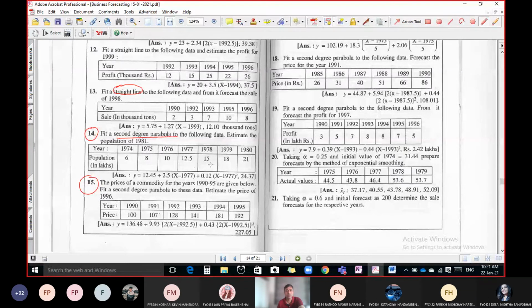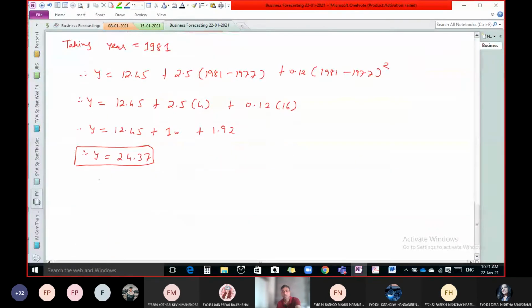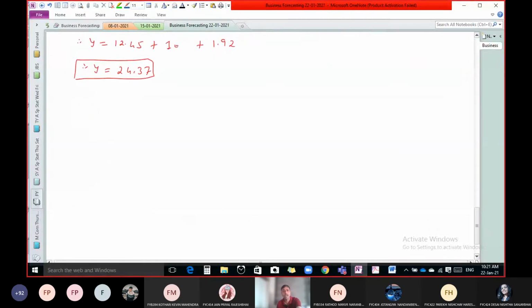This is the question in which number of years are odd, 7 years. So it's very easy to subtract this middle year and to convert the values of x in such a way that total of that becomes 0. Here it is even, but now you know how to do this calculation. Let us complete it.